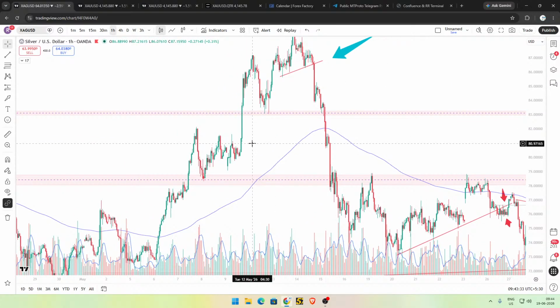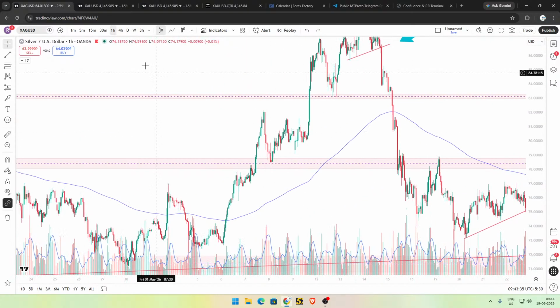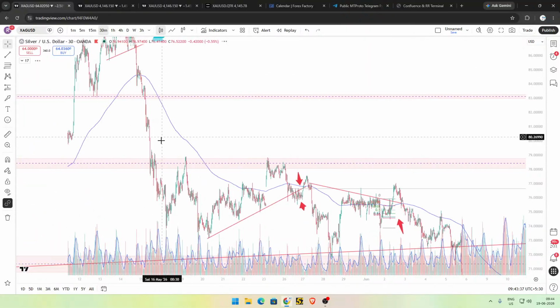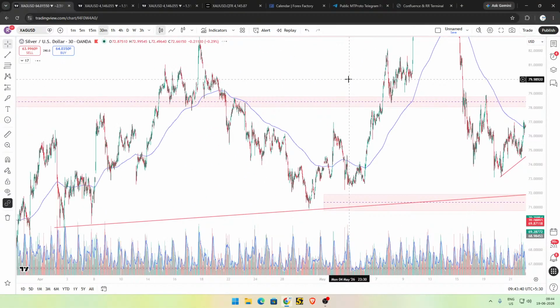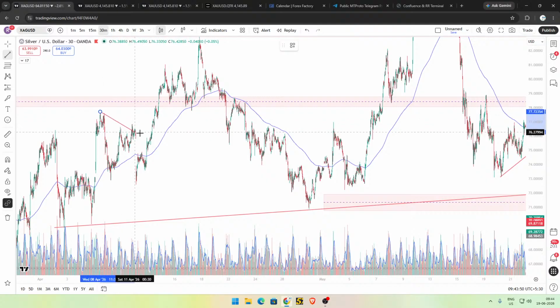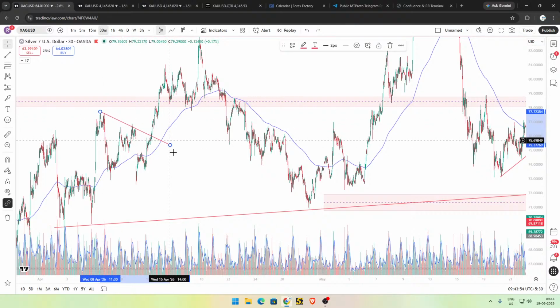See, this breakout, it worked nicely because it was trading above the 200 EMA. Worked nicely because below 200 EMA. So this is the thing why, and this setup also, this setup was not very perfect looking, but it worked very nicely because it was trading above the 200 EMA.